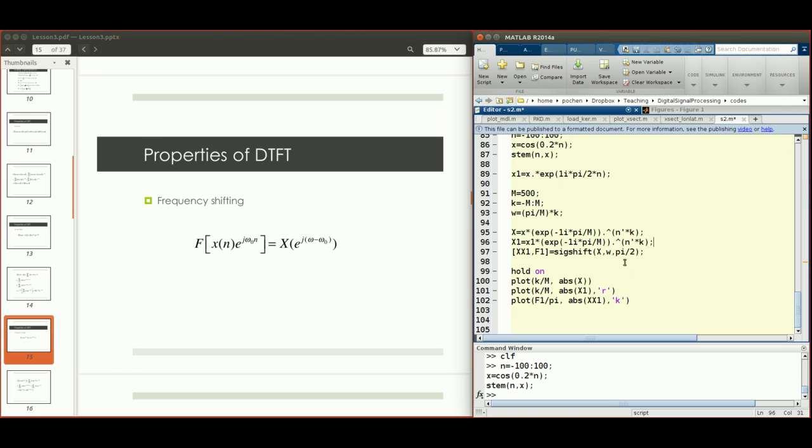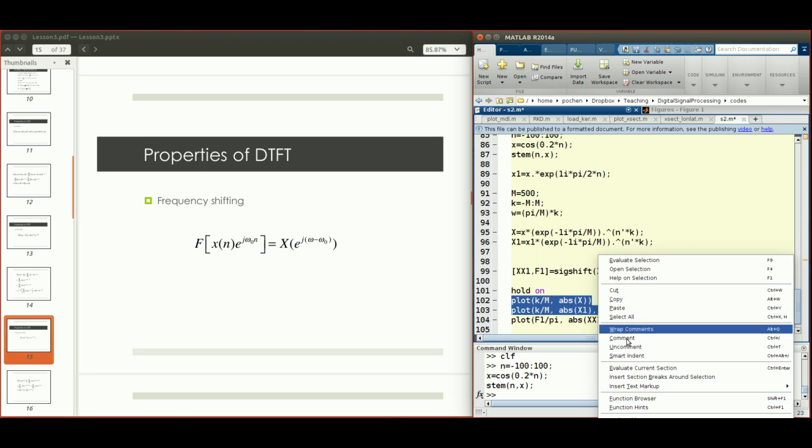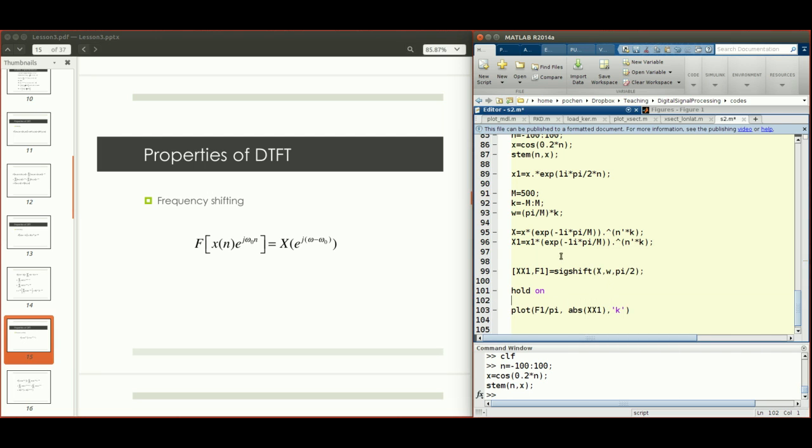So if you want to take a look at these two signals, let's plot them. Let me cut it and then paste it here, and do a hold on here, right? And now let's just plot the absolute value, the magnitude, right? And then the horizontal axis still goes from like -1 to +1.